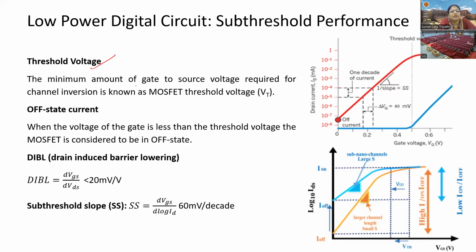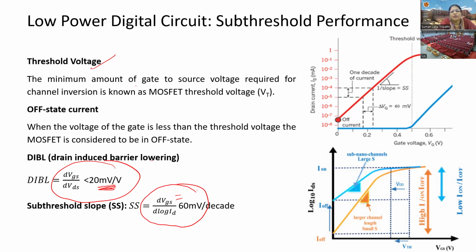They must assure that the sub-threshold slope must be limited, and it should be near about 60 millivolt per decade. And drain-induced barrier lowering should also be very less, near about millivolt per volt, which is very less in terms of value. Okay, so if these values are maintained, then it means that the device is good.